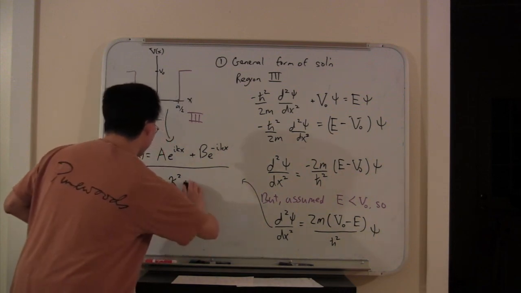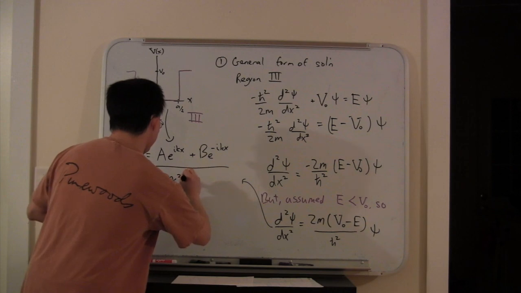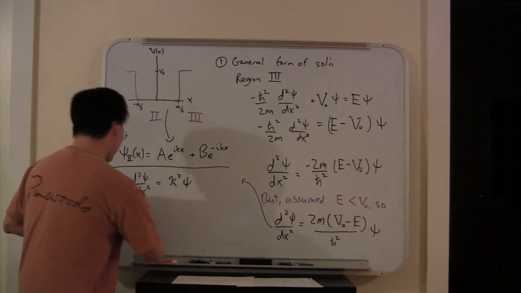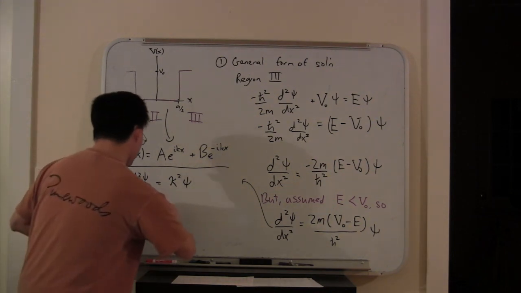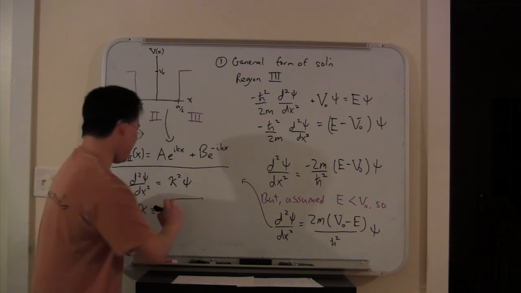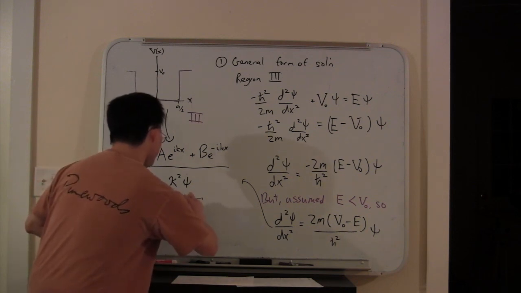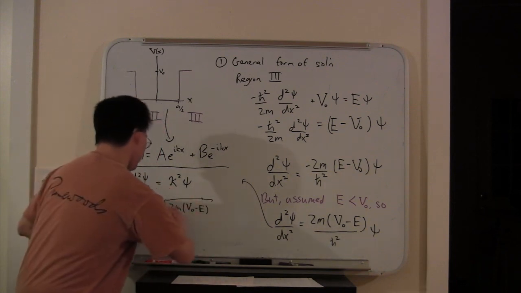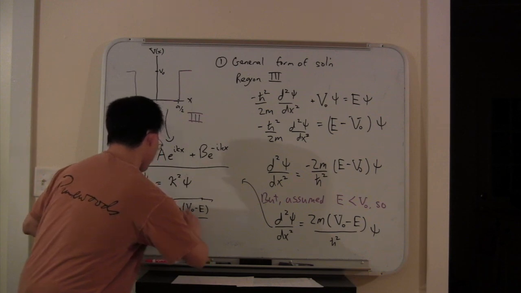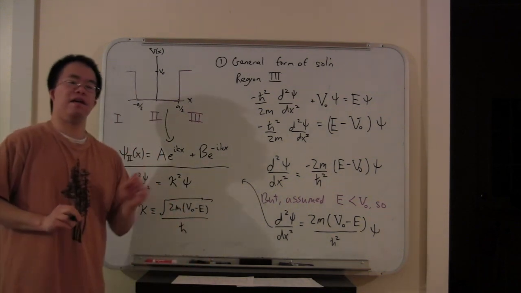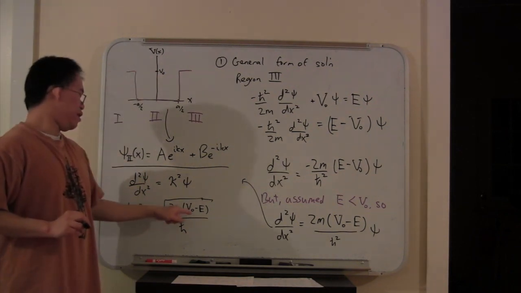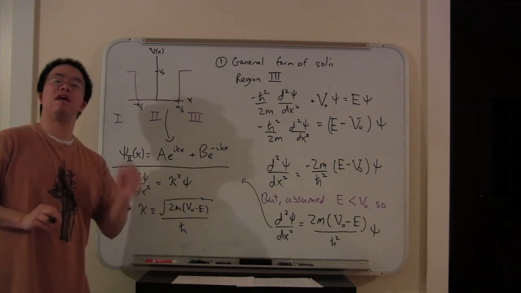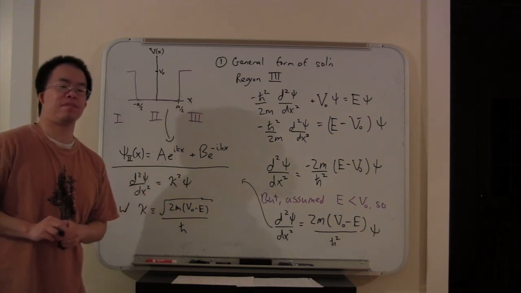Kappa squared psi, with kappa defined as the square root of 2m (V naught minus E) over h bar. Again, our assumption that the particle has an energy less than V naught means that this is positive inside the square root, and kappa is pure real.